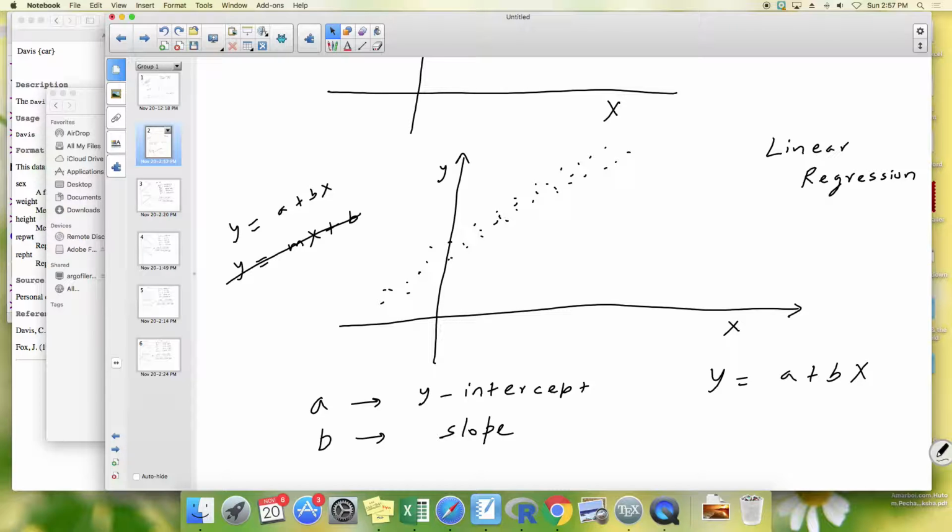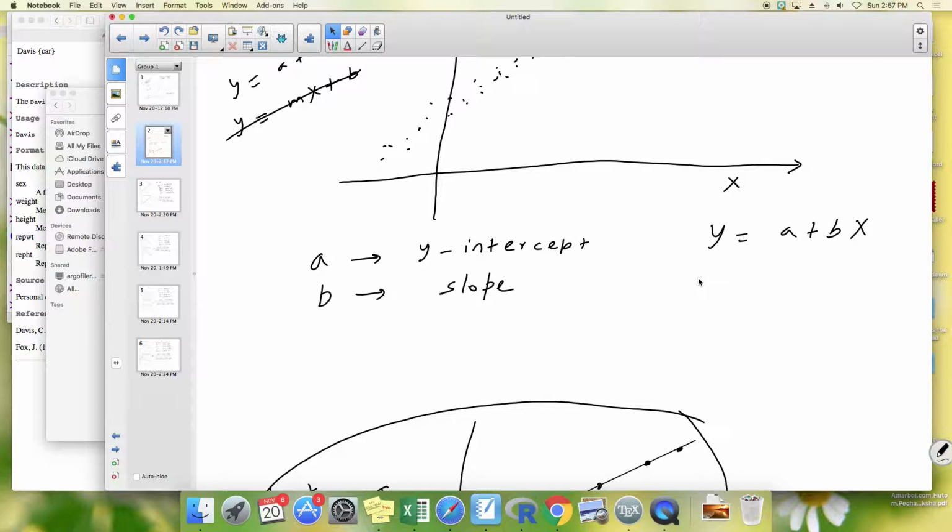For example, if y equals 5 plus 4x, then 5 is the y-intercept and 4 is the slope.